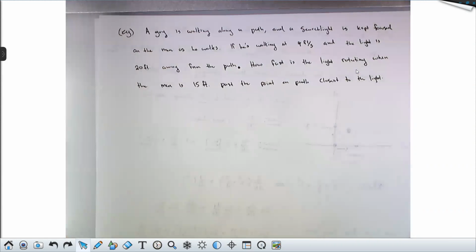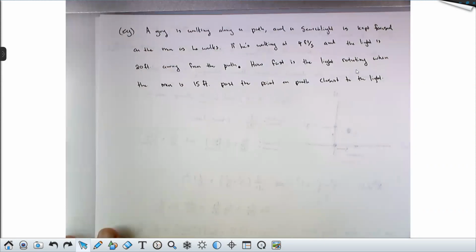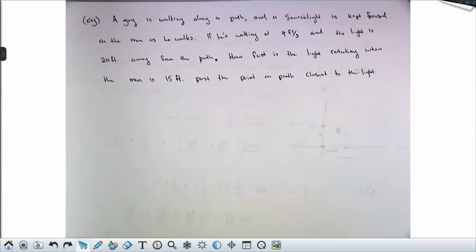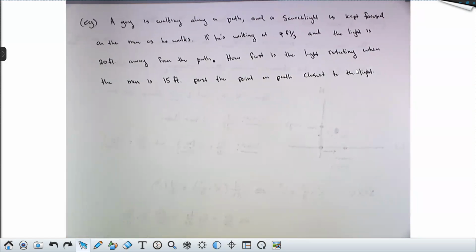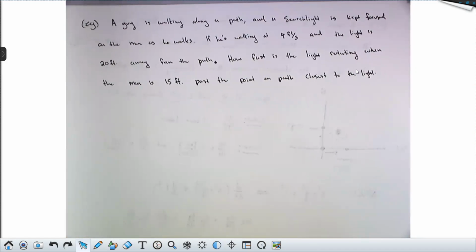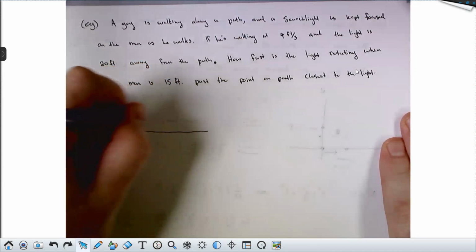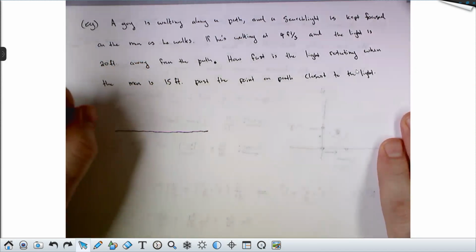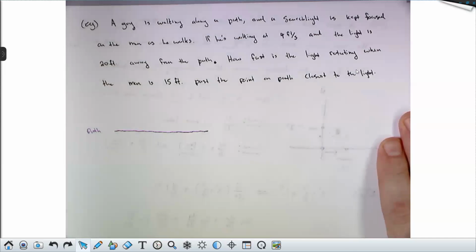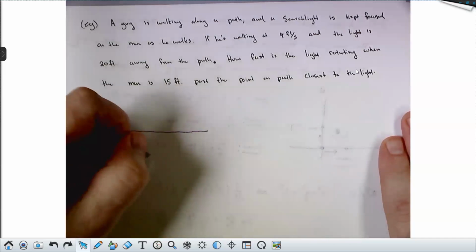So what I'm going to do is give a top-down view of this situation. I'm going to draw a picture where we're looking straight down from above. Here's my path. Here's my light.